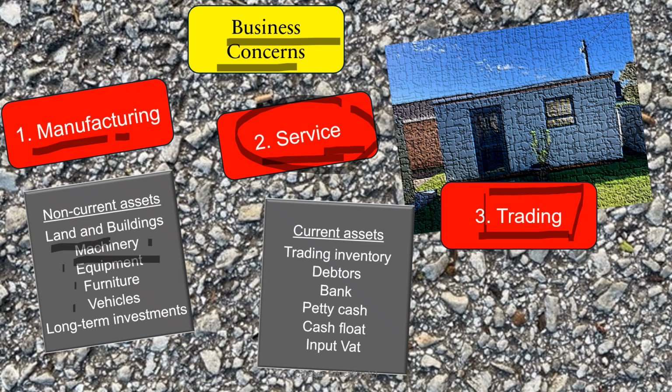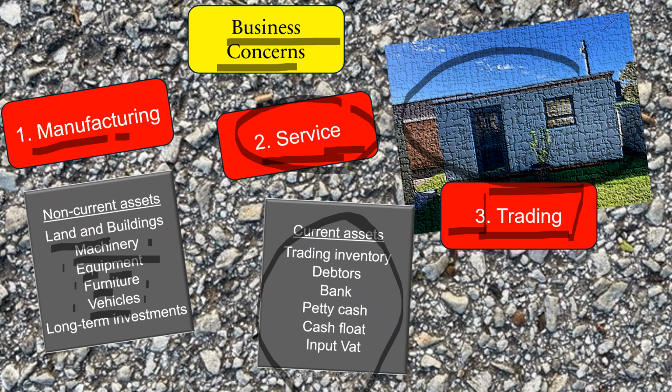Could also have equipment, furniture, a vehicle, if it's a lawnmower service. A trading concern, if we're looking at PPE, not the current assets, but a trading concern could also have a delivery vehicle, furniture, equipment. Right, so that's the type of PPE that these three business concerns would have.